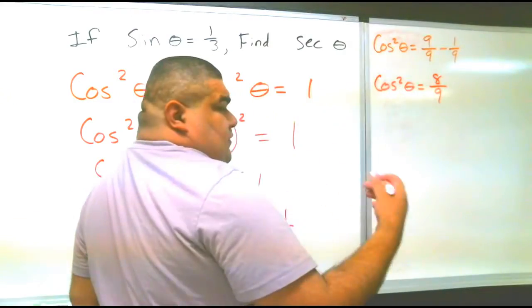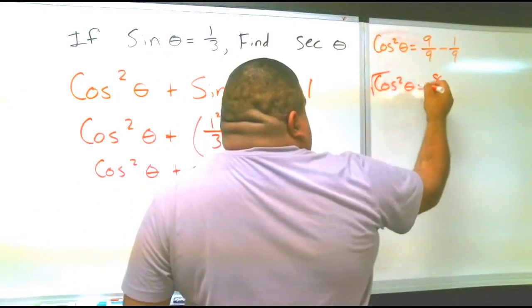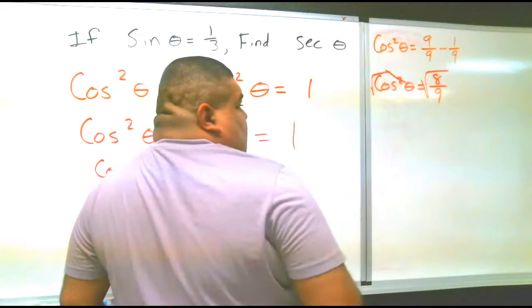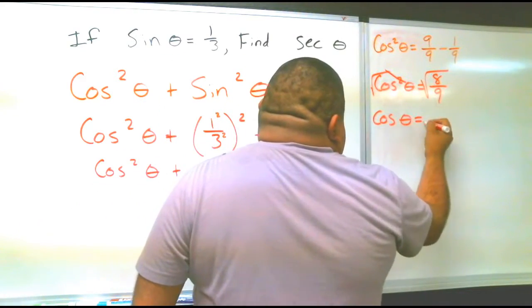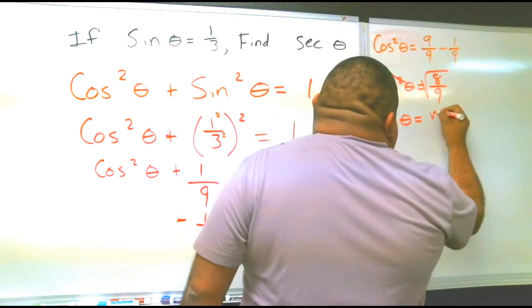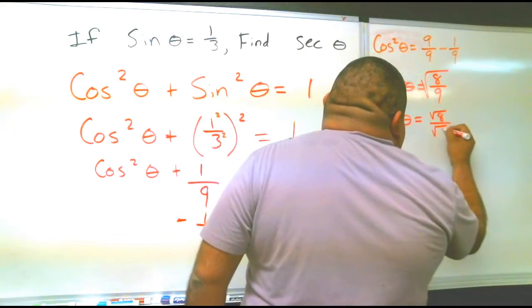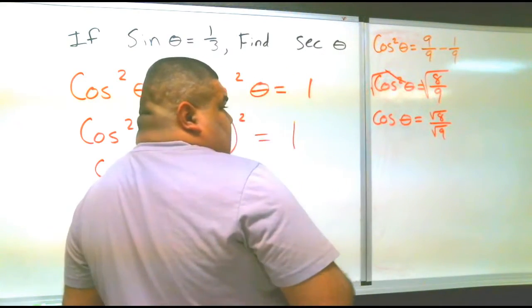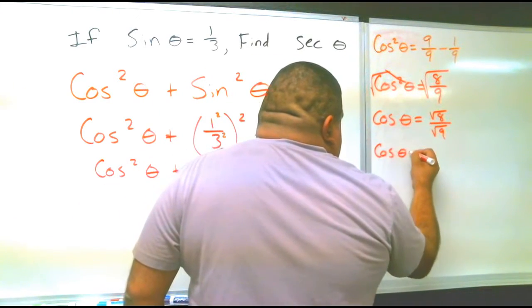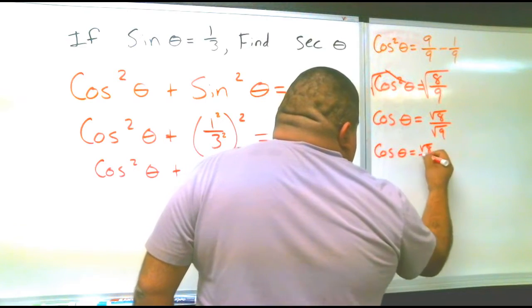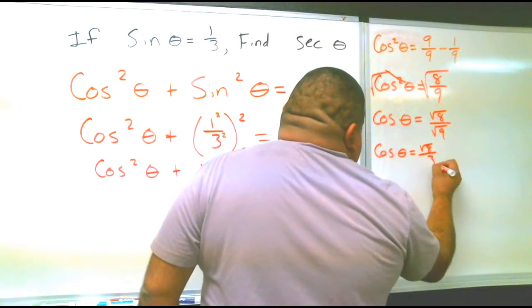The way we get rid of the square is we take the radical of the equation. We're left with cosine theta equals radical 8 over radical 9. Since 9 is a perfect square, we can actually say cosine theta equals radical of 8 over 3.